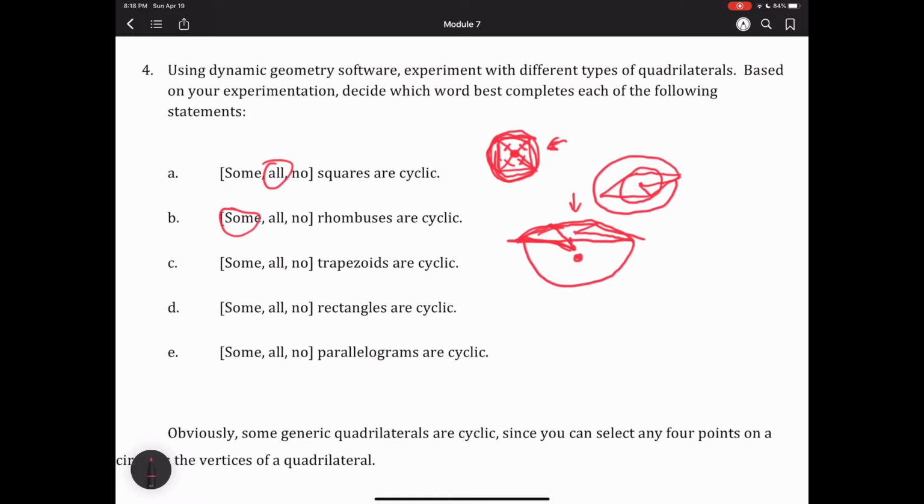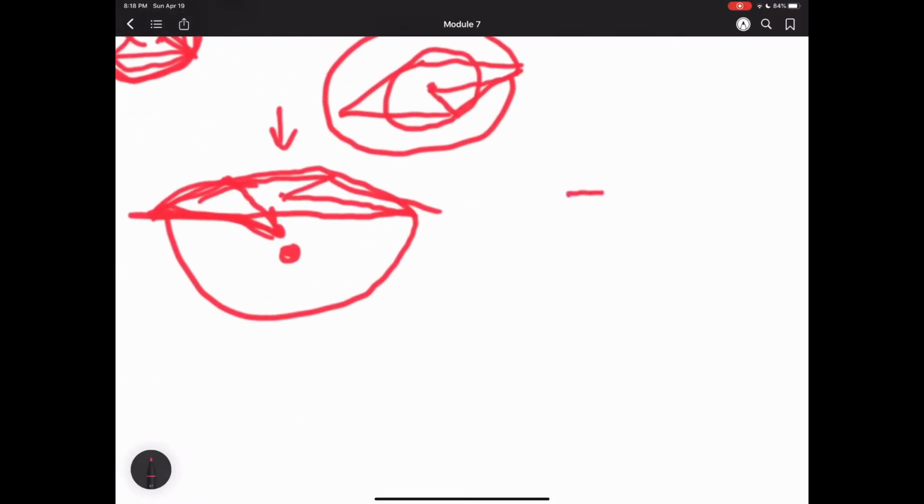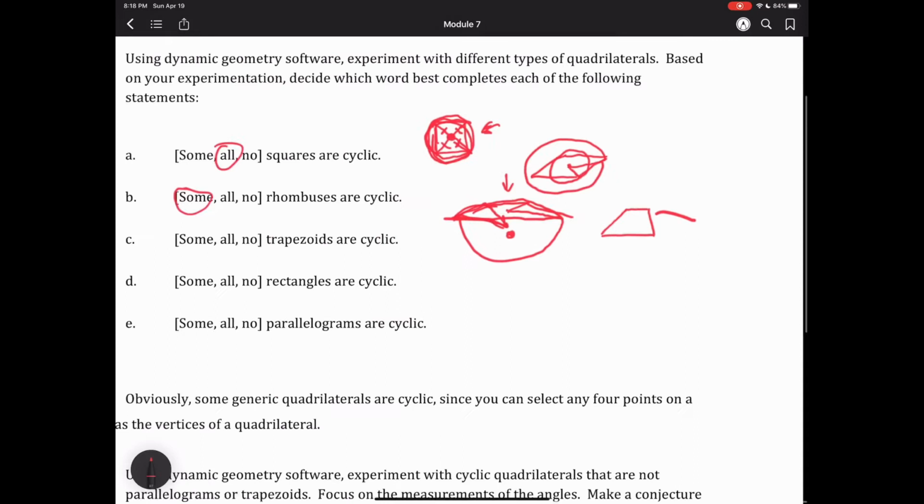Well, think about trapezoids, only one pair of sides is parallel. So maybe I have parallel sides like this, but then I have those sides that look like that. Is there a circle that can be circumscribed on that? Well, after some research on my end, there is actually not a circle that can be circumscribed about those. So, in fact, some trapezoids are cyclic.